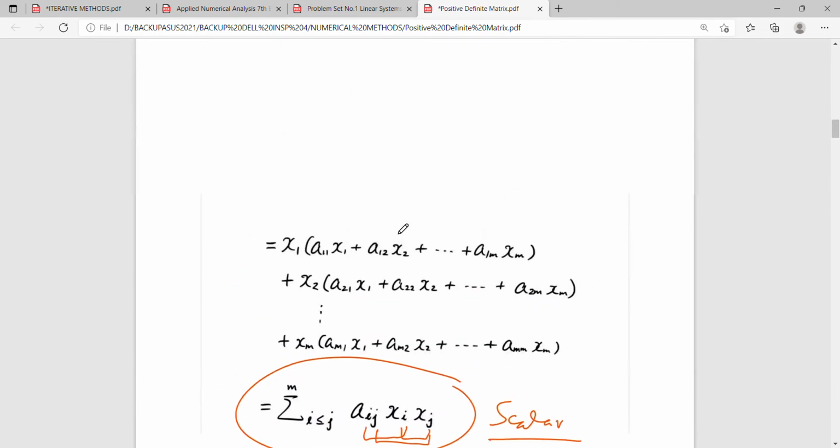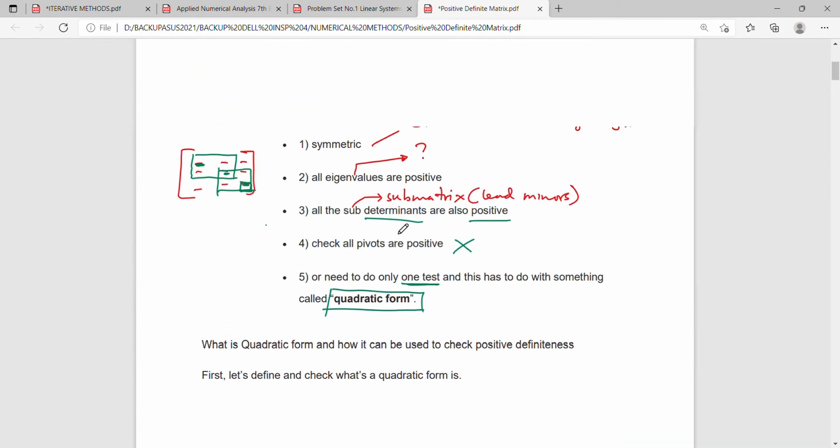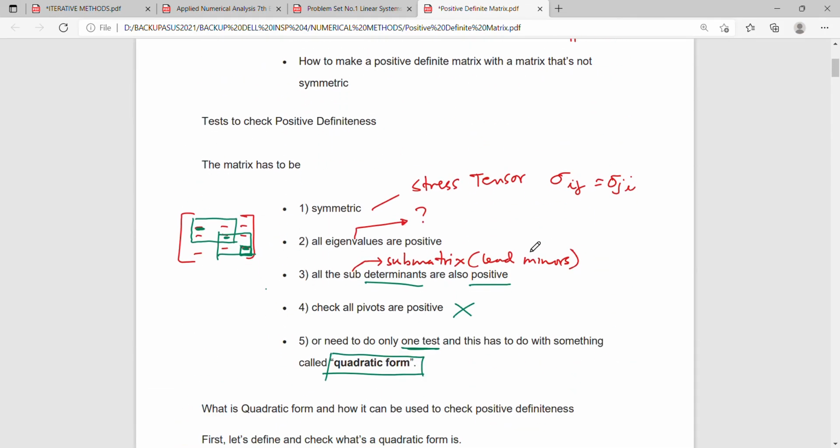And if you look back into what I told you a while ago on the stress tensor, what I told you is that a stress tensor is always a positive definite matrix. Always. Why? Because it already has passed the test of symmetry. It will have an eigenvalue since this will give you a solution to equations.